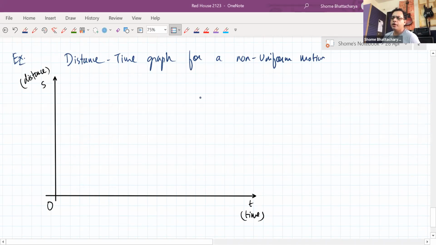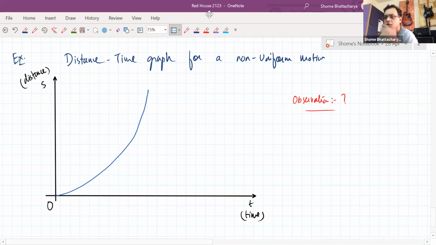So I plot all those points, and from those points I plot this graph, which comes out to be, suppose, like this. Okay, now what is the first thing I can observe about this? Can you tell me the observation? Non-linear. Yeah, it's a non-linear graph, first of all. Accelerated motion.